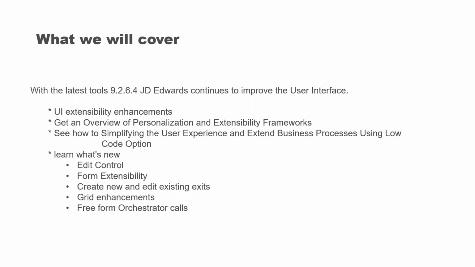Tell me how much inventory I got before I go ahead and push this over. So the free-form orchestrator call says, what branch plant and what is the item number, and it'll return the answer. And so that's kind of a free form. Before, you had to map fields off the application to do it.